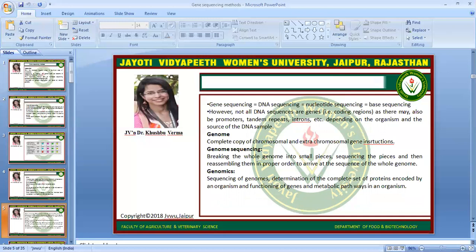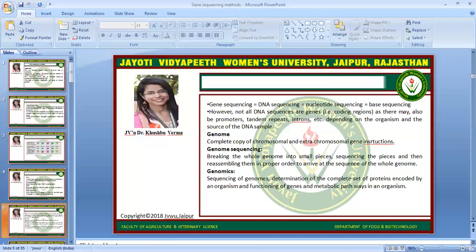Genome is the complete copy of the chromosomal and extrachromosomal gene instructions. Genome sequencing is breaking the whole genome into small pieces, sequencing the pieces and then reassembling them in proper order to arrive at the sequence of the whole genome. What is genomics?